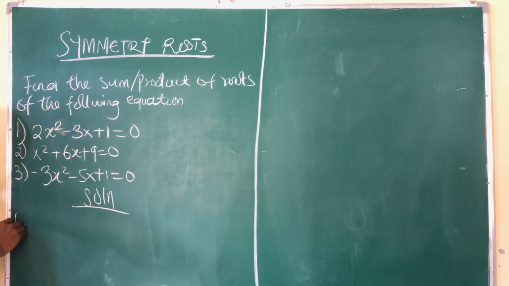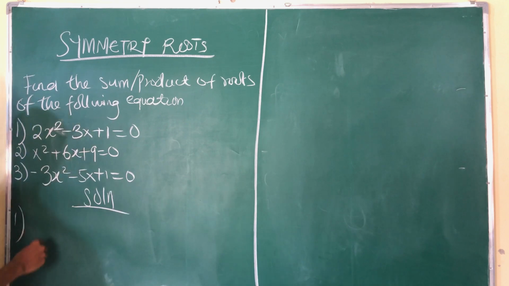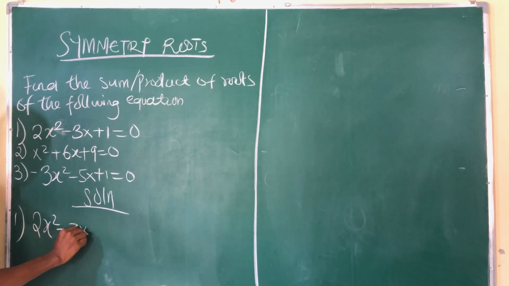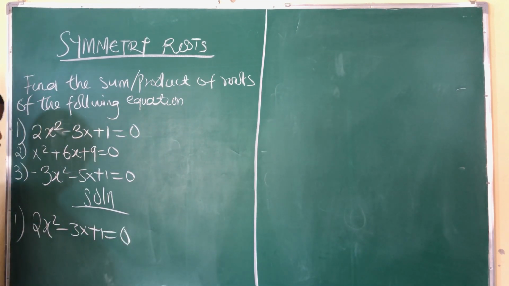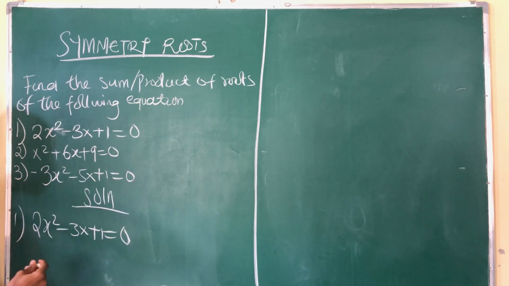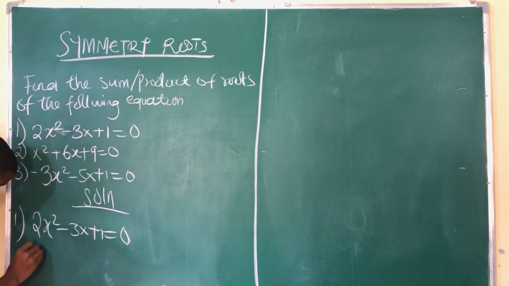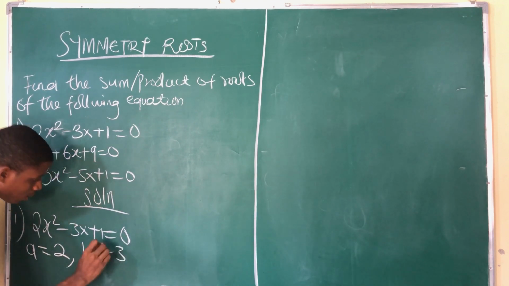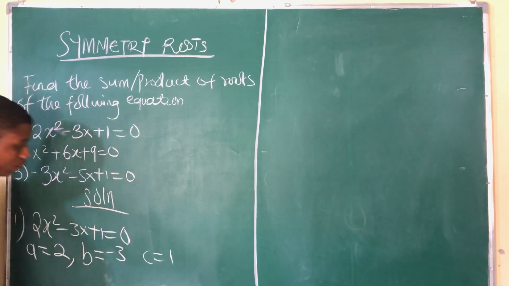So we have the solution. Let's start with 1. The equation is 2x squared negative 3x plus 1 is equal to 0. The first step is to write out the values of a, b, c. So a is 2, b is negative 3, and c is 1.